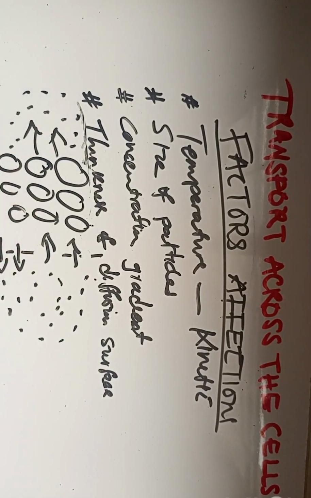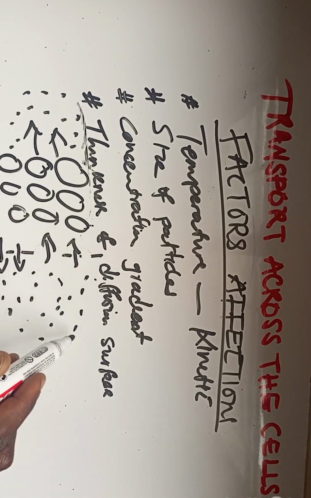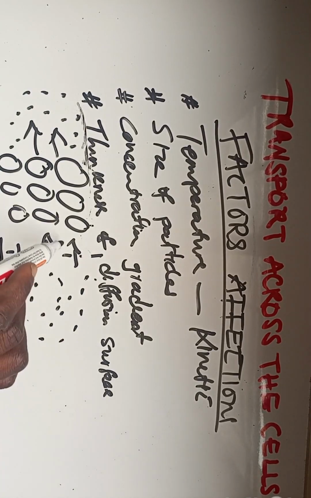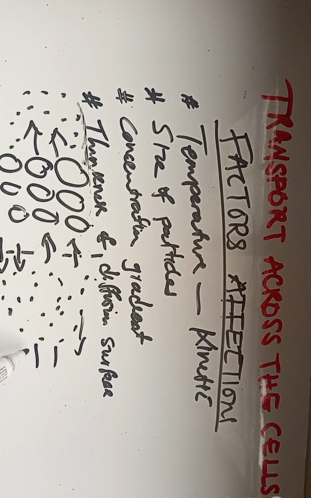As a result, they will come here. That is the first example. Then the second one, if here we also have these larger particles as the only ones, they will also move at a faster rate because here there are no particles, so they will move at a faster rate coming this side.